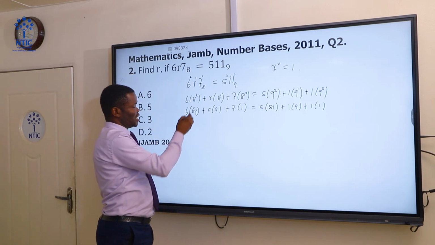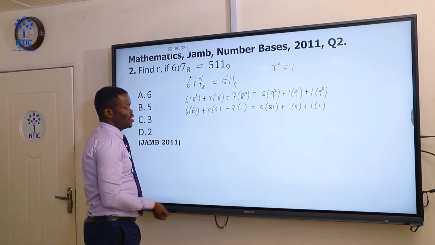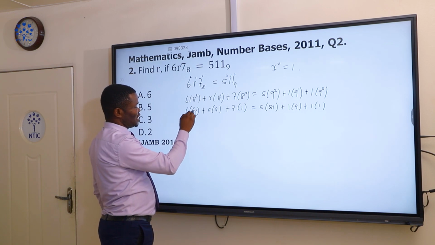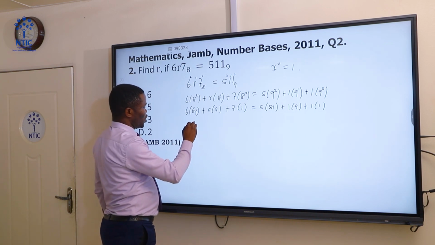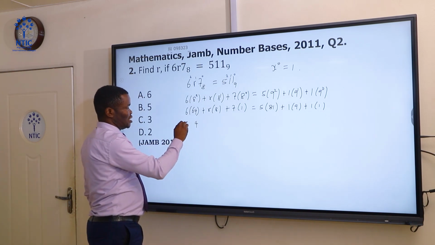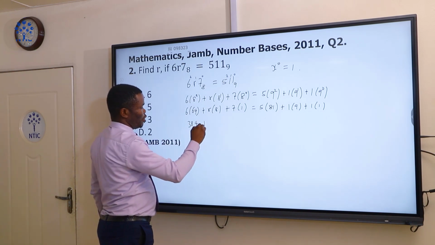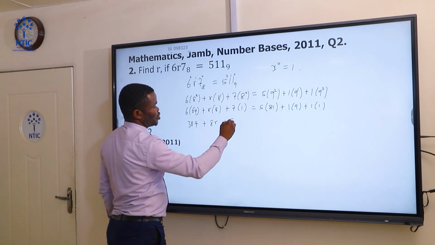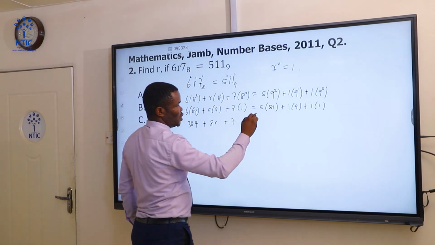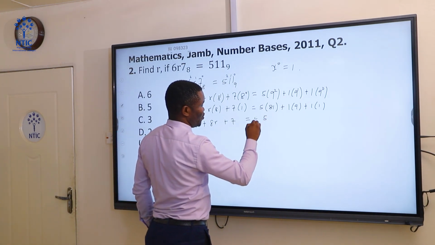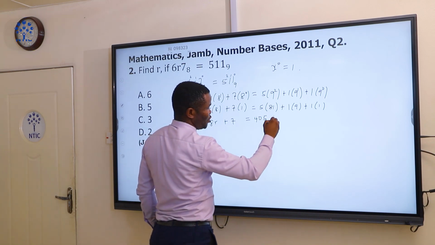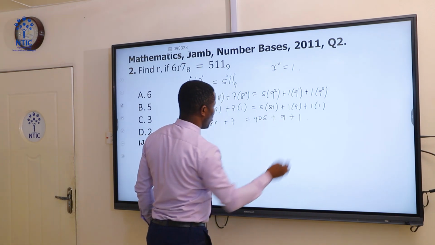So this is going to be 6 times 64. This will give us 6 times 4, that's 24, 6 times 6, this will give you 384, plus 8r plus 7 equal to 405 plus 9 plus 1.